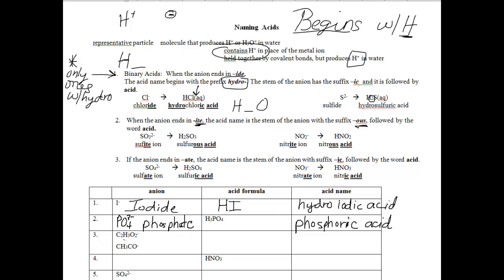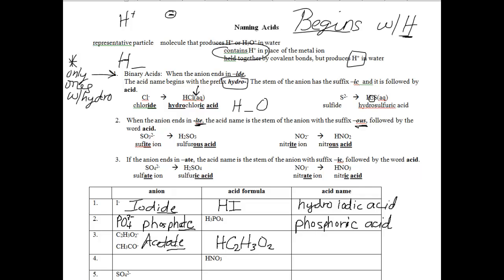Okay, let's look at these. What was this ion? Find it on the back of the periodic table. This is the acetate ion. So what's the formula? Charge is 1, so you have 1 hydrogen, C2H3O2.